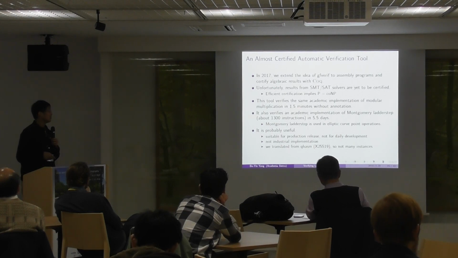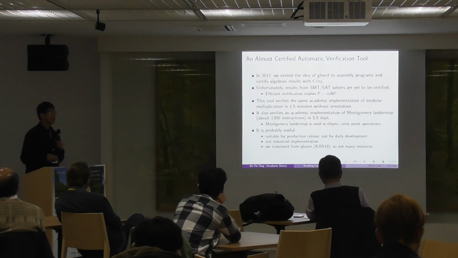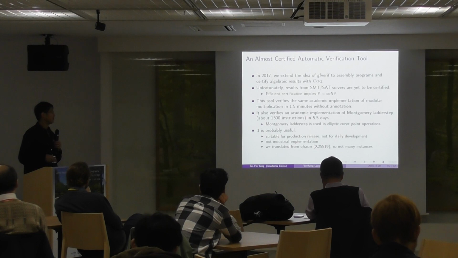So the modular multiplication is much easier, and the academic implementation takes about 5.5 days. This is the real Montgomery ladder step that's used in elliptic curve point operations, and in a modified form becomes like BoringSSL. So this is useful.